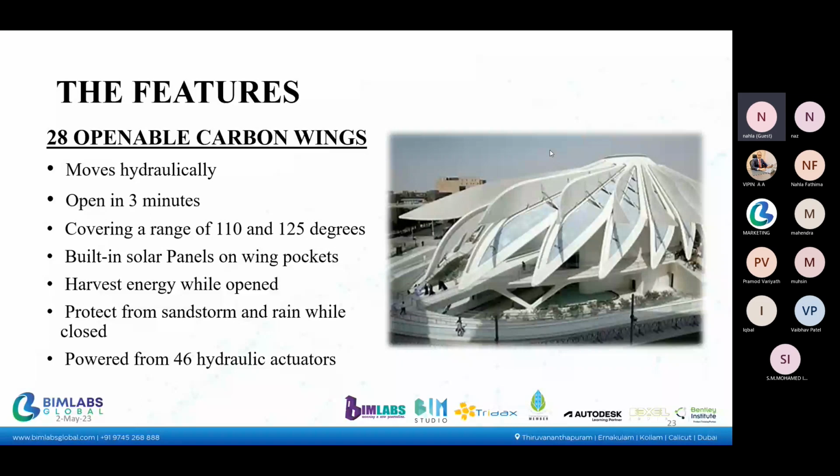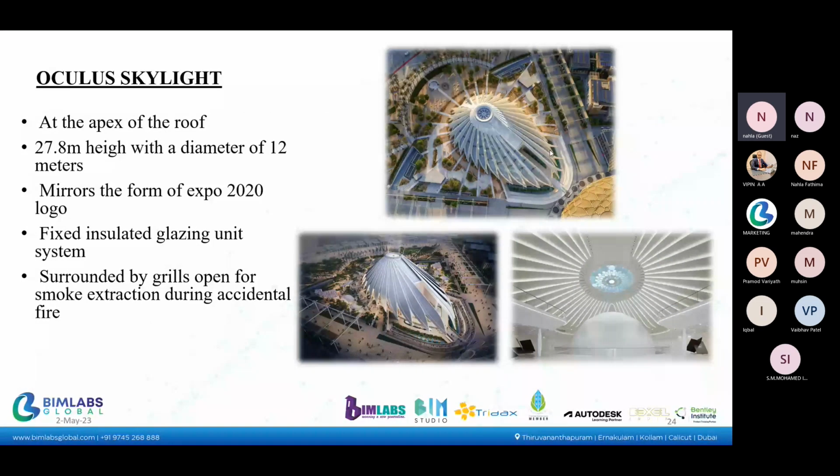They might have thought that it was constructed only to reflect the Expo 2020 logo and to show people the logo. But no, it is surrounded with grills. These grills open and extract smoke in the case of accidental fire. They also have a fixed insulated glazing unit system in them. That's why it shines like that.